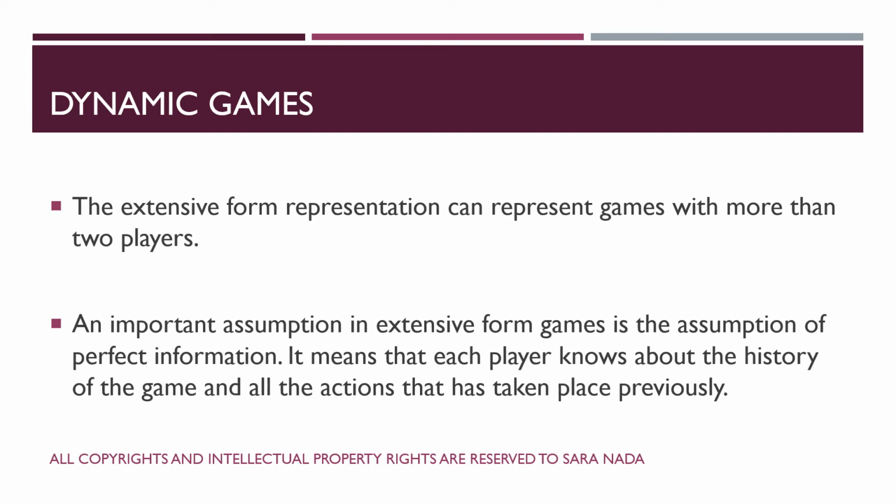Remember, when we were drawing our simple example, we said we have two players. If player A moves first, then player B will observe the action chosen by player A, then he will choose his action afterwards. So this is the perfect information. Remember this assumption about the perfect information.